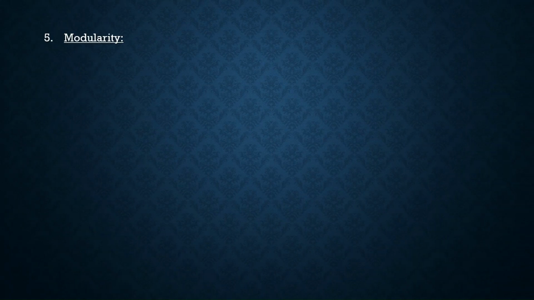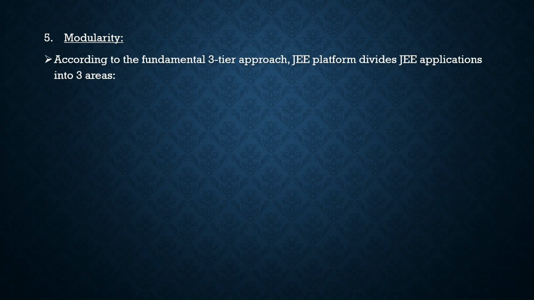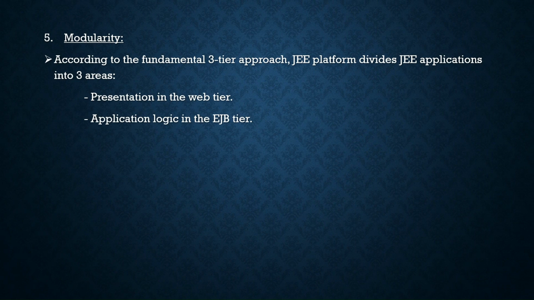And the next one, modularity. According to the fundamental three-tier approach, the Java EE platform divides Java EE applications into three areas. First one, presentation in the web tier. Second one, application logic in the EJB tier.